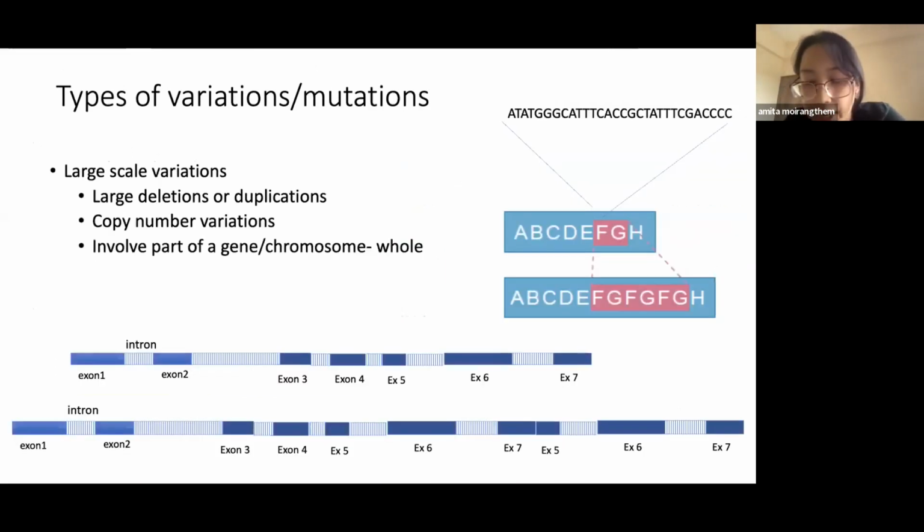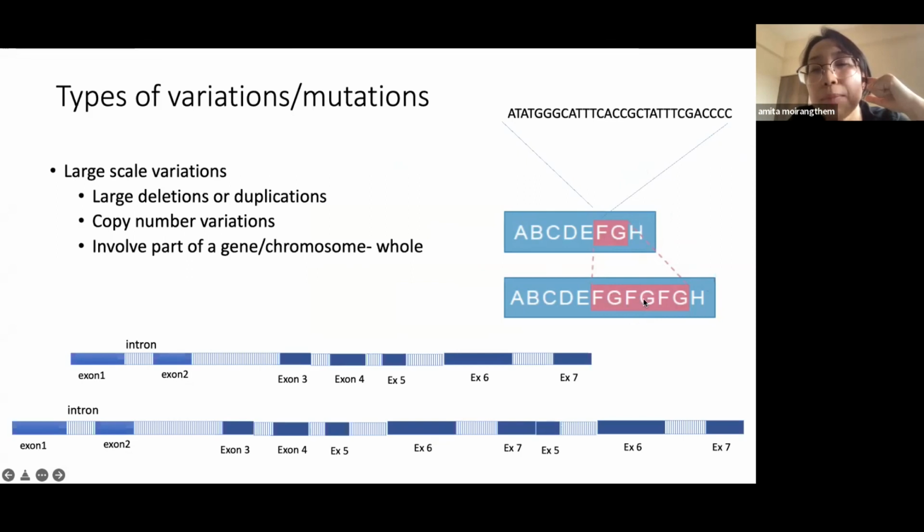Then large scale variations. Many of us might have heard the term copy number variations, which is very commonly seen in cancers, in tumor tissues. If we look at the nucleotide sequence, we can just imagine here one alphabet each represents a segment of the DNA. So instead of one copy of F and G, this particular individual has 3 copies of these genes.